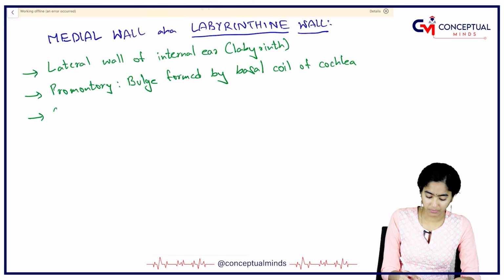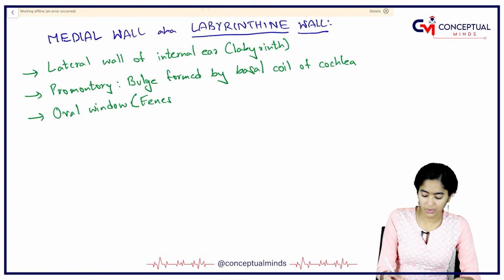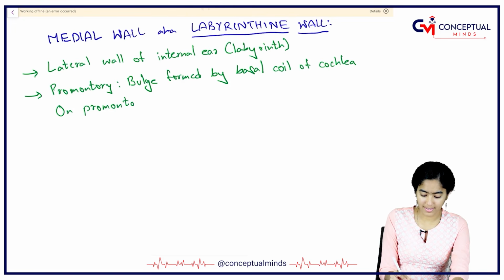Then we have the oval window. Oval window is also known as fenestra vestibuli. On top of the promontory is a plexus of nerves called the tympanic plexus.